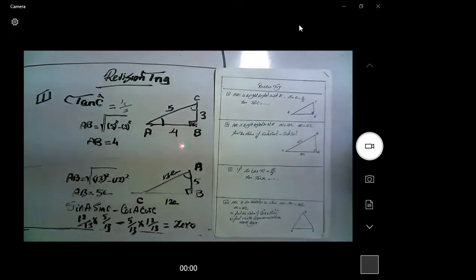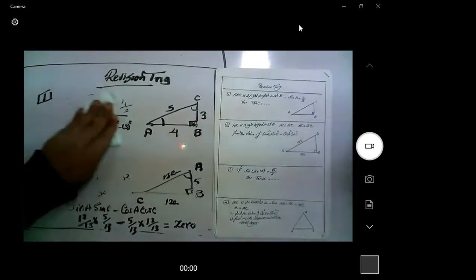Okay? Now the third question. The third question is, if sine of x plus 15 equals root 3 over 2, where x is an acute angle.